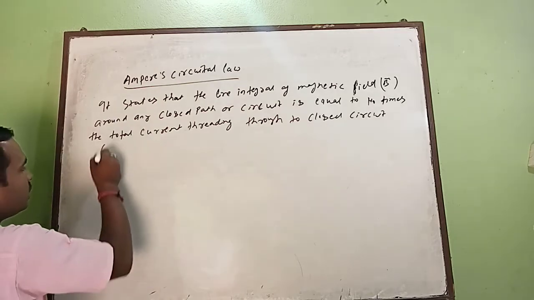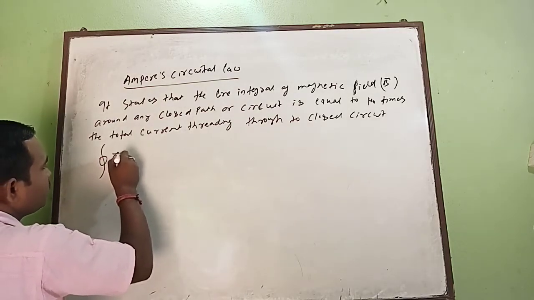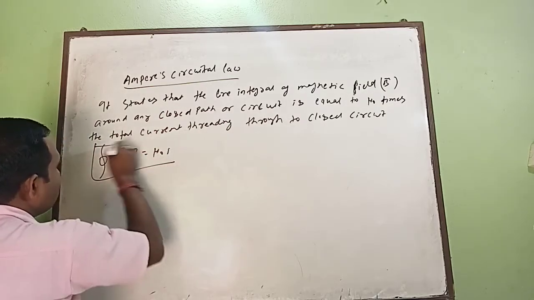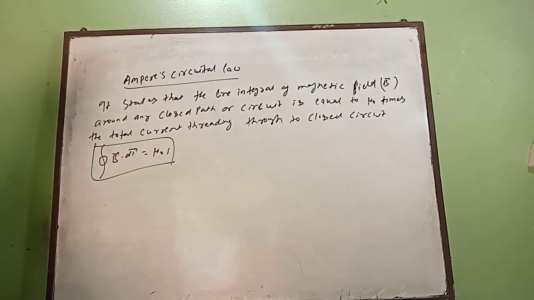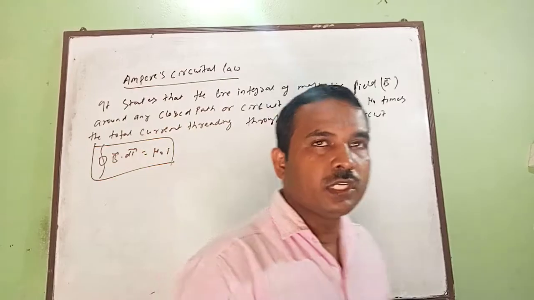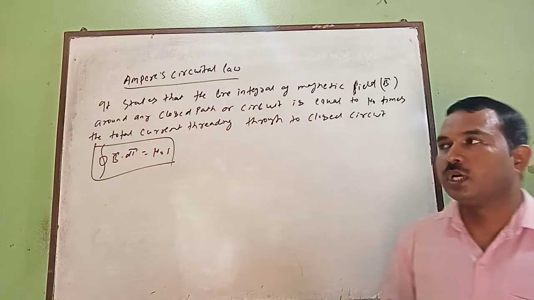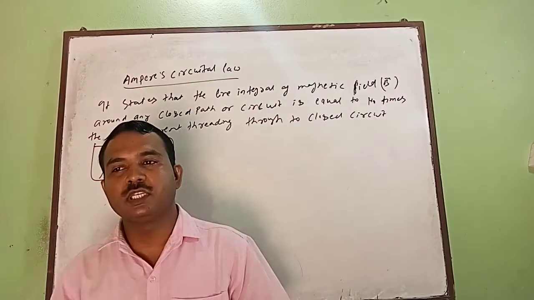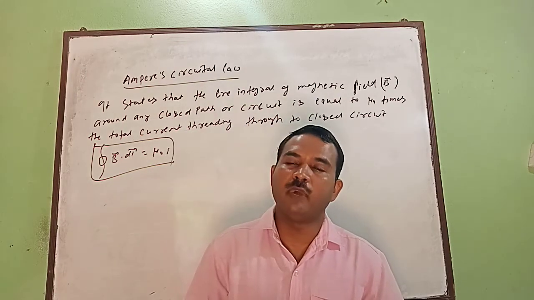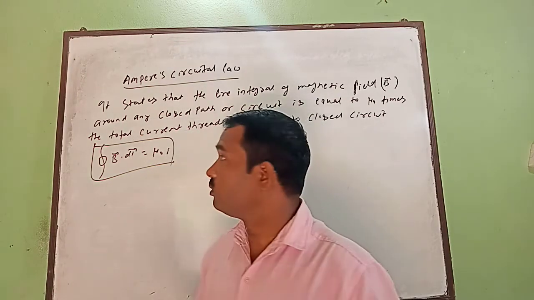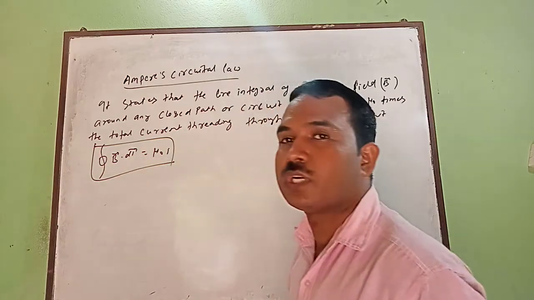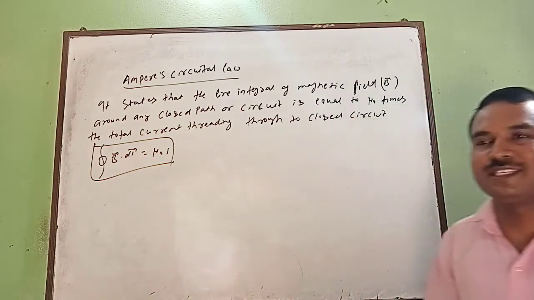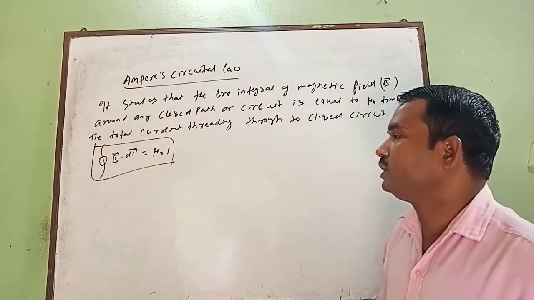That means the closed integral B dot dl is equal to mu naught I. According to Ampere circuital law, whenever current passes through a conductor, due to the flow of the current there is a change in the magnetic field, and that is equivalent to B dot dl equal to mu naught times the total current through that closed circuit or closed path. Is it clear?